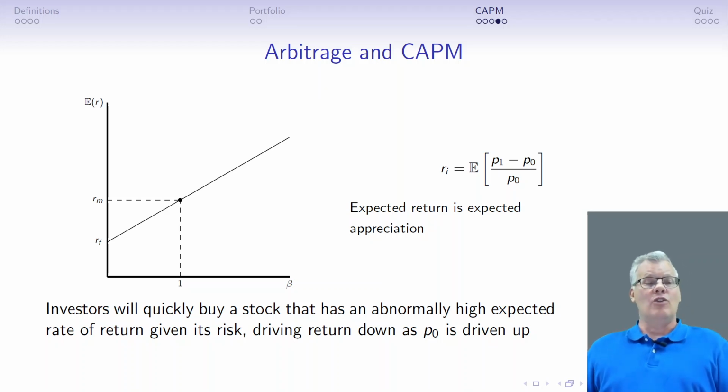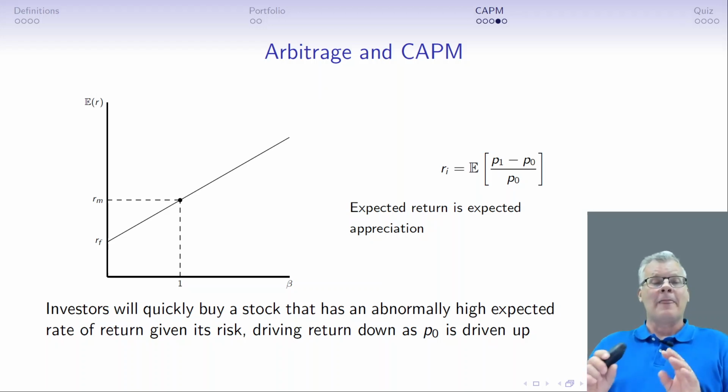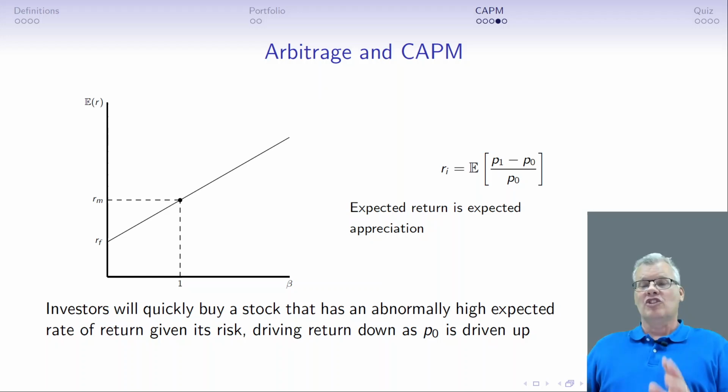So let P sub 0 be the price of security I today, and let P sub 1 be the price of this security one period into the future. So P1 minus P sub 0 is how much the price of this stock changed during one time period. I divide it by my base value of P sub 0. That gives me the rate of return. And of course, since I'm talking about the future, I'm taking expected values. So R sub I is the expected rate of appreciation.